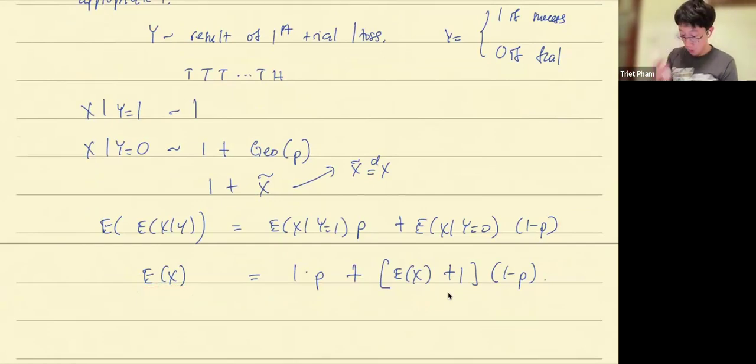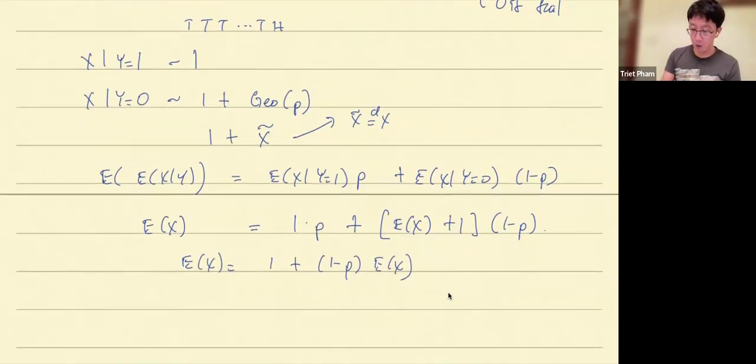Here, 1 minus p plus p is 1, right? So you get that the expectation of X is 1 plus 1 minus p times the expectation of X. But if you subtract this expression from this side, you get p times the expectation of X equals 1. There you go.